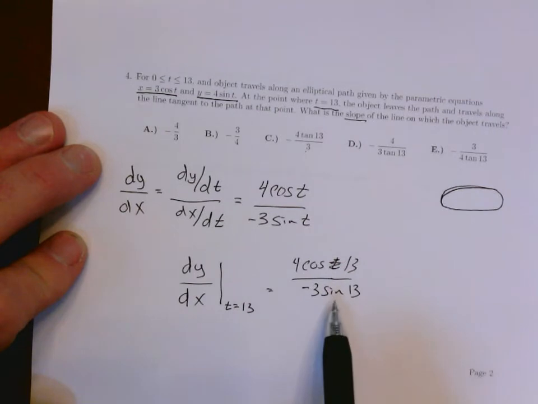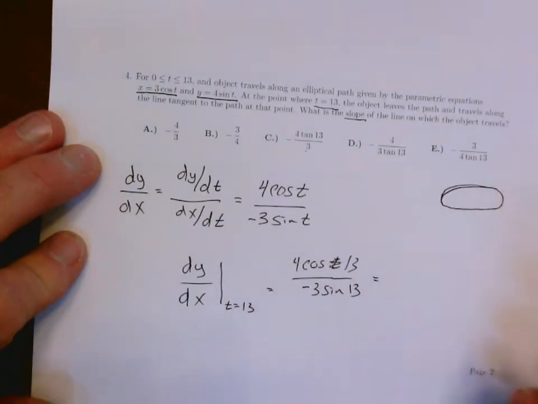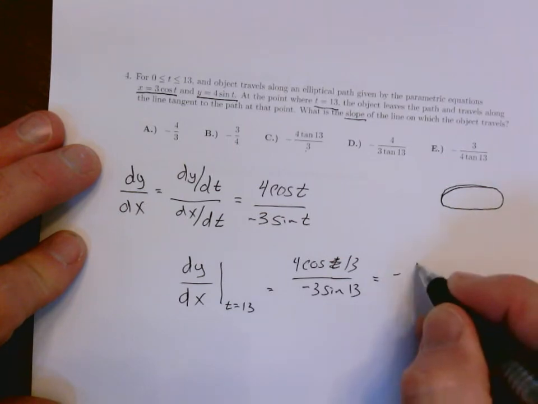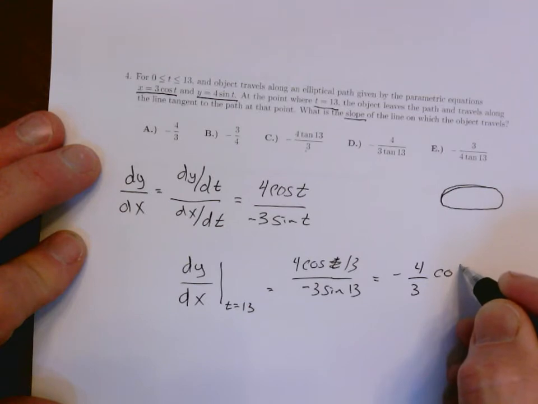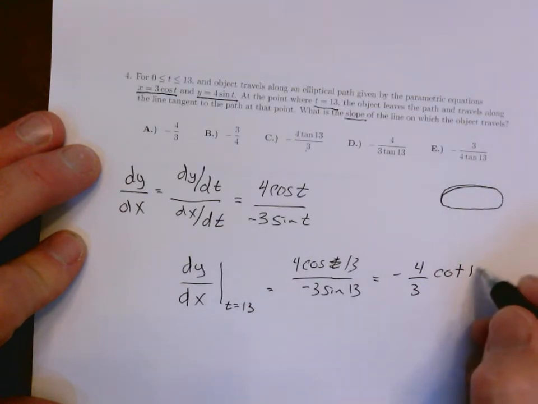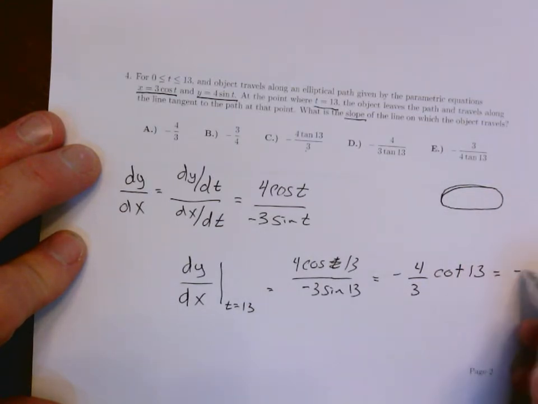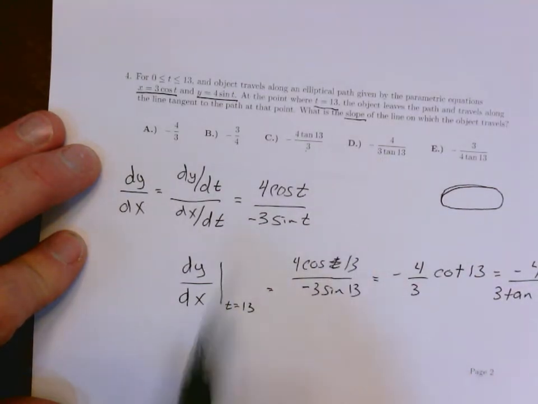This is cosine over sine, so this is equal to, and I'm doing more steps than I really need to here, but I want to make sure you guys understand, negative 4/3 times cotangent of 13, which is equal to negative 4 all over 3 tangent of 13. Okay, so we go up here, the answer is going to be D.